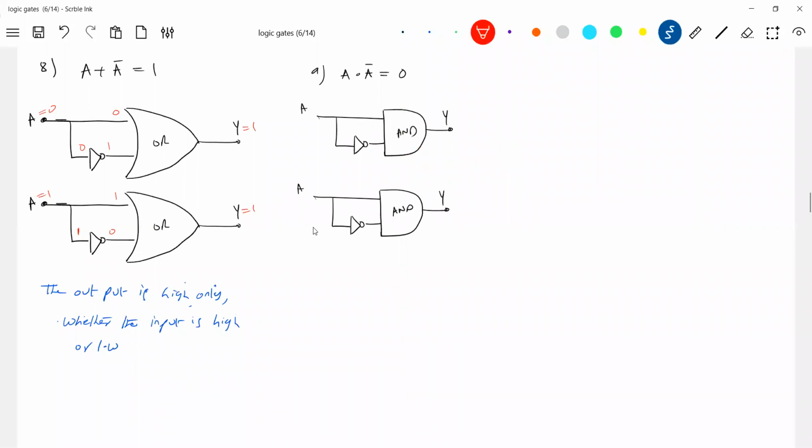First I'll start with A equal to 0. 0, 0, 1. This will be 0. A equal to 1: 1, 1, 0. So whether the input is high or low, the output will be low only. Therefore, A dot A complement should be 0.